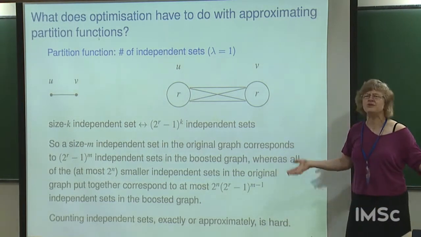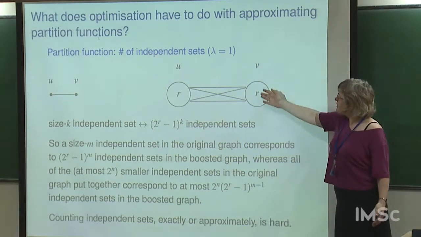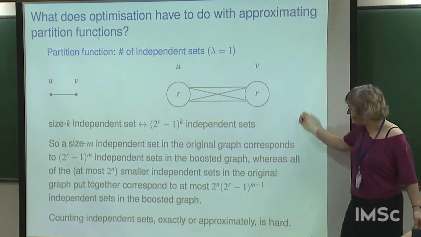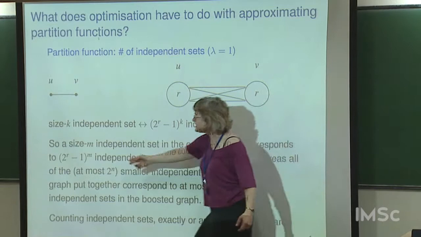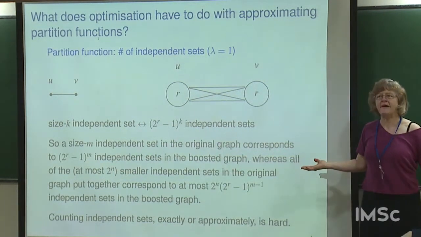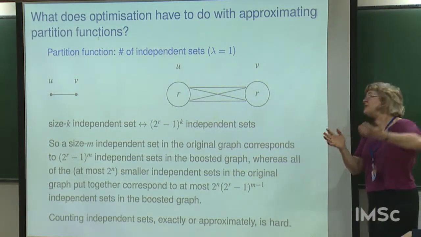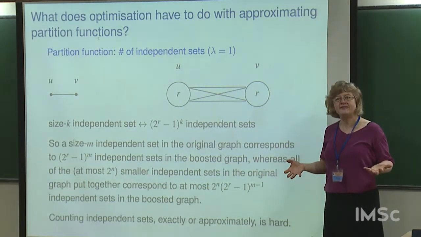Think of r as like n squared or something like that. And so if I could count the independent sets over here, even approximately, this stuff is just irrelevant. It really is approximating for me that number, and so I can find m. Okay. So that's how optimization hardness gives us hardness of approximate counting.